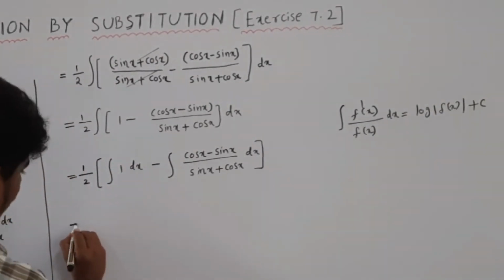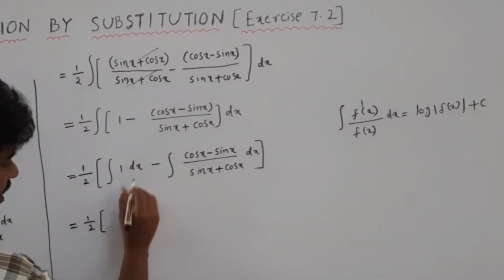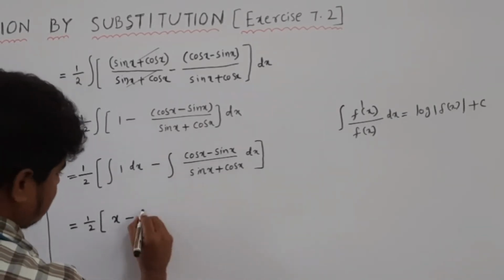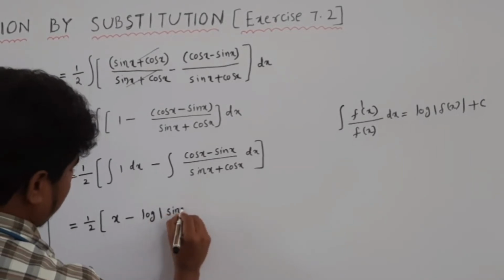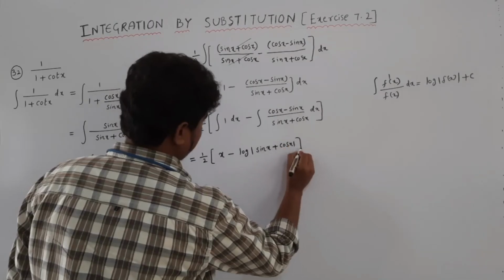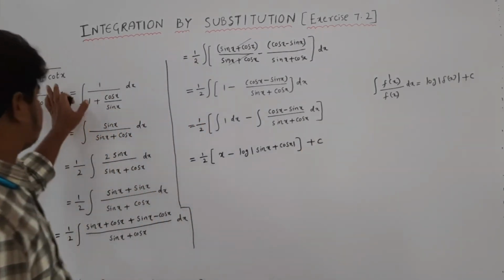Now this is equal to 1 by 2 into x minus log mod of the denominator sin x plus cos x, plus c. It is the answer of this.